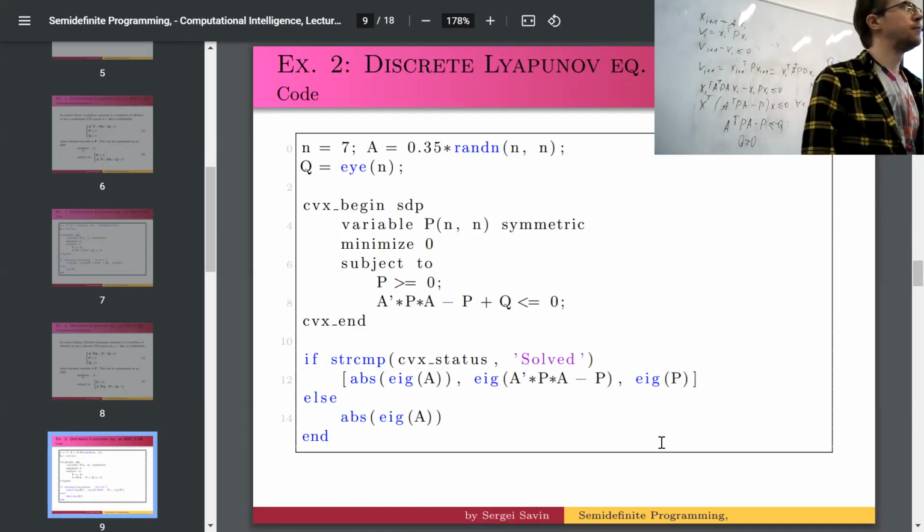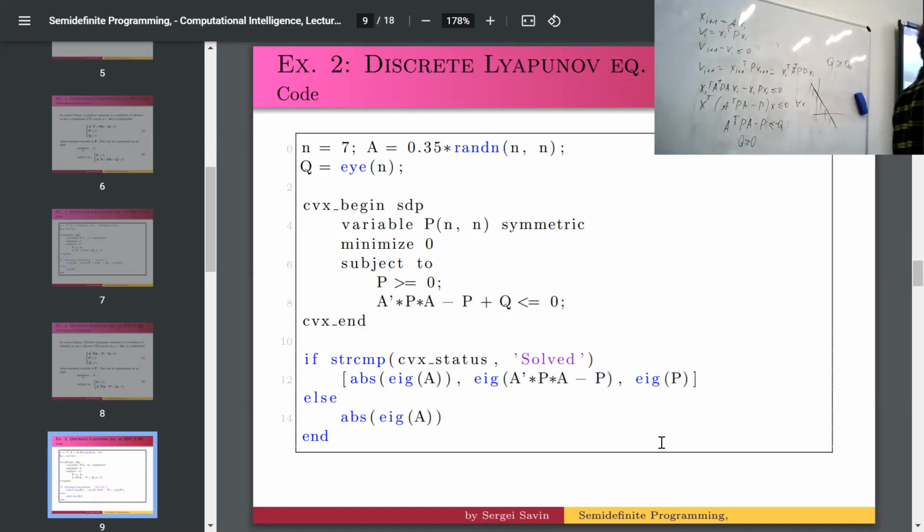Yep. Yep, exactly. I mean, it's going to be maybe equal to none or something. Doesn't make any sense to try to find its eigenvalues. Great. Very good.